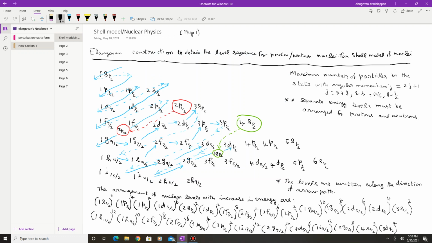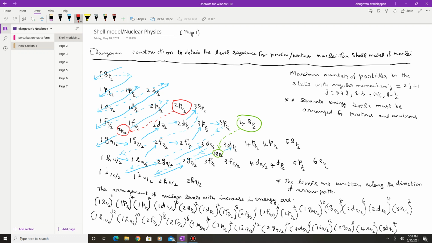So here we are constructing a simple model. This is the first term. Let us write down the first term, 1s, because s is the L equal to 0 state.